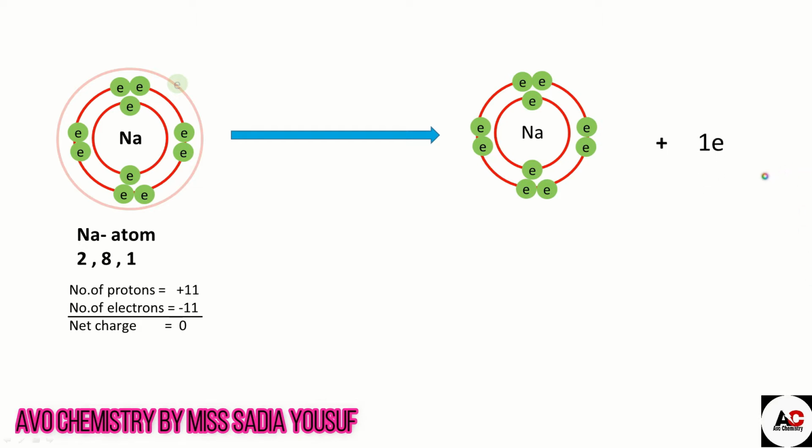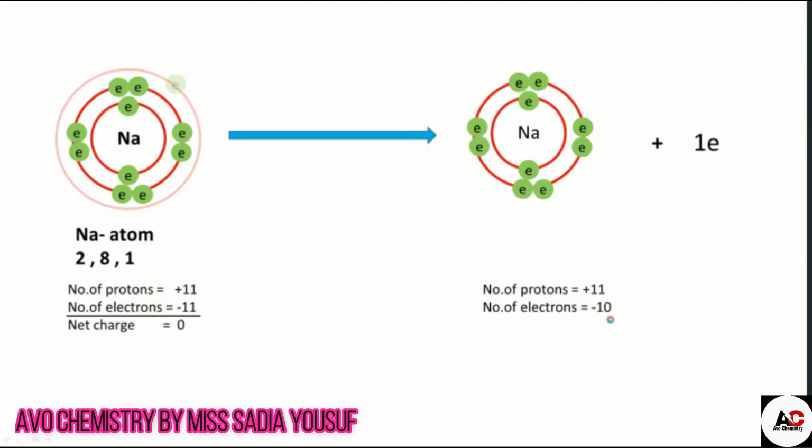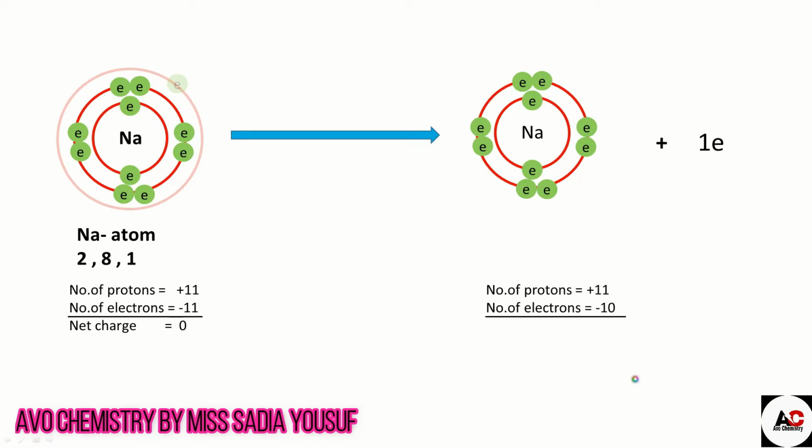It has removed the 1 electron in order to get stability. Now the number of protons is still 11, plus 11. The number of electrons now becomes minus 10 because 1 electron has been removed. Now the net electric charge will be plus 1 because its net electric charge got disturbed. Now it has the plus 1 charge.